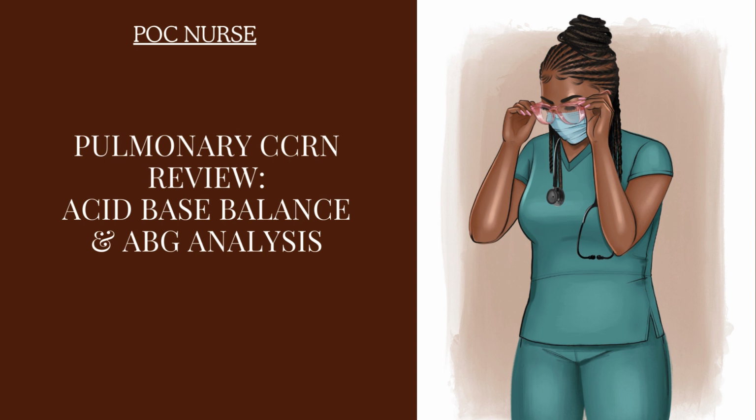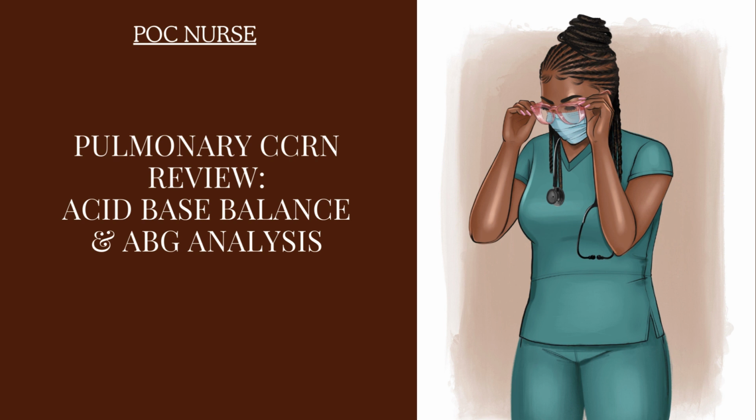Let's say it was initially 7 when you first drew an ABG, and now the pH is 7.2. But another thing to note was that the PCO2 was high on the first ABG, and the bicarbonate level was normal.